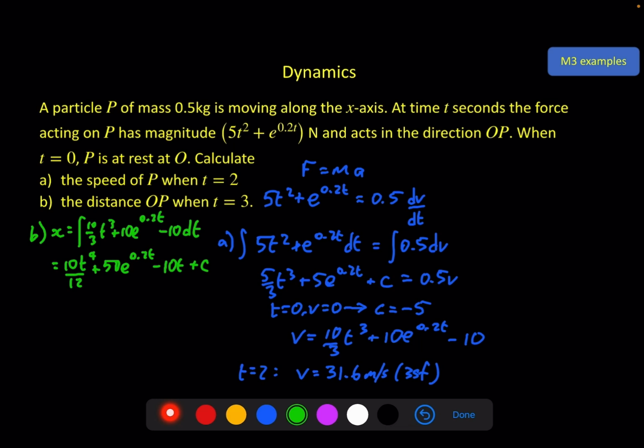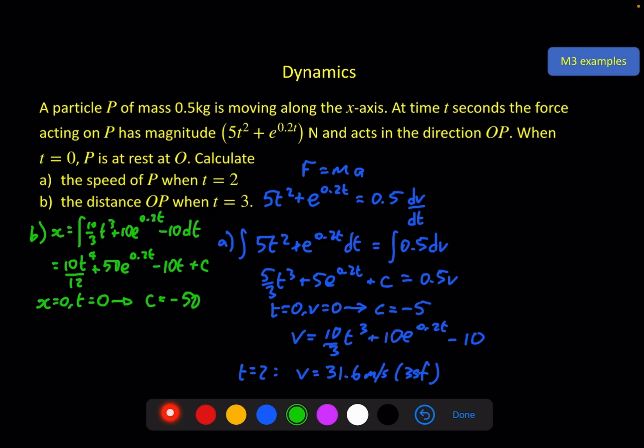And again, boundary conditions, when t is 0, P is at rest and it is at O, where x is equal to 0. So t equals 0 when x equals 0, but again that doesn't mean c is 0 because of this exponent here. That means c is minus 50. If you put those boundary conditions in, c is minus 50.